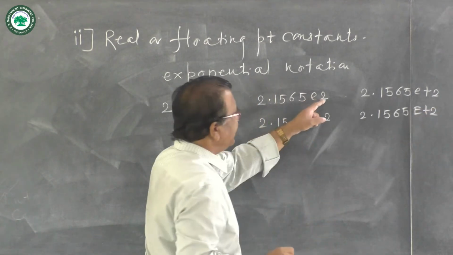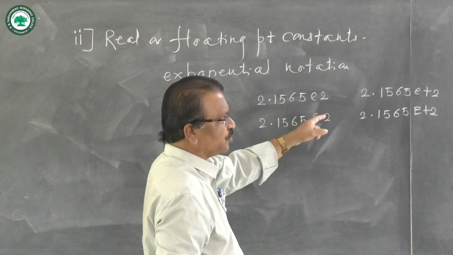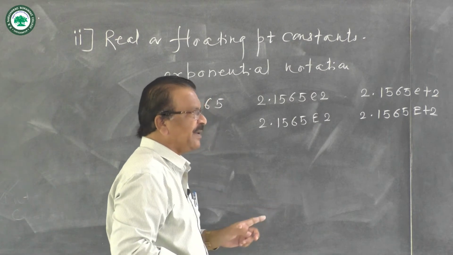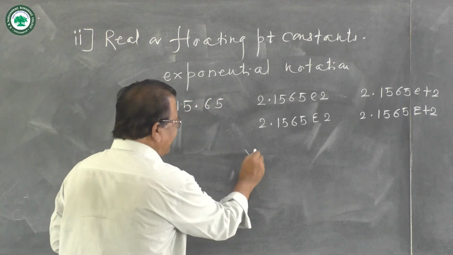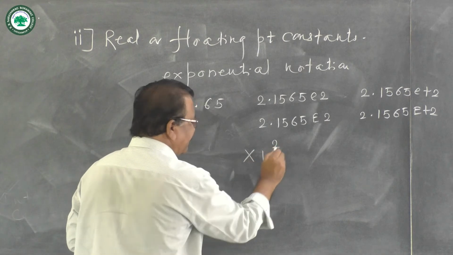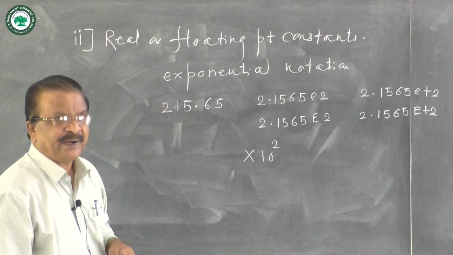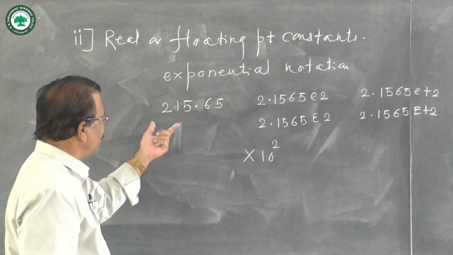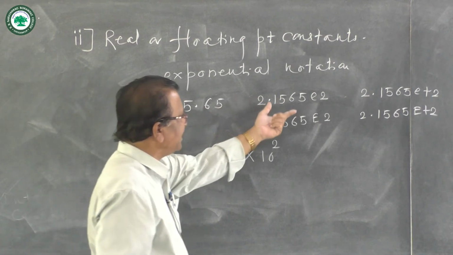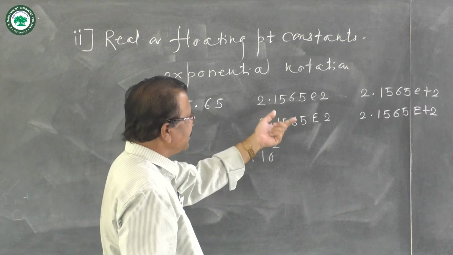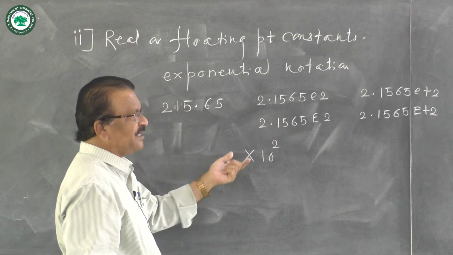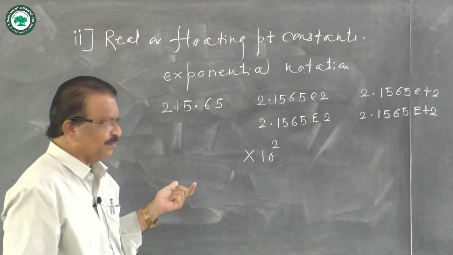Either you write E2 or E plus 2, upper or lowercase, it doesn't matter. Here the meaning of E2 is multiplied by 10 raised to 2. So this particular number has been written in exponential form. The exponent can have either a plus or minus sign depending upon your number.